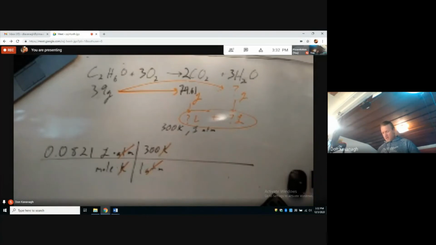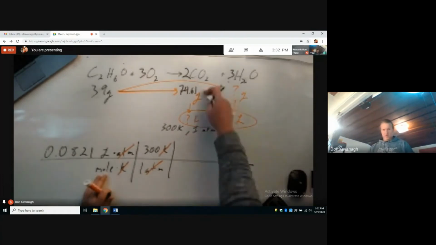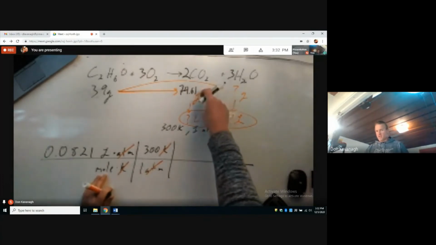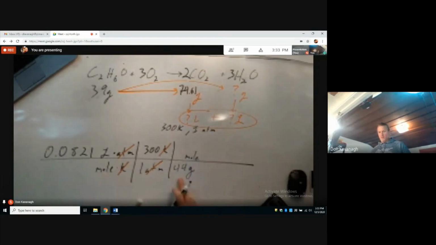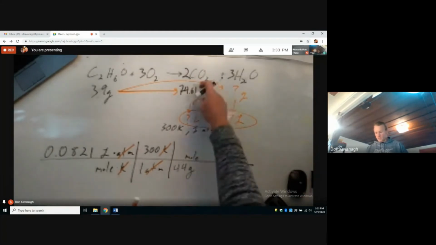Okay. Now I need to cancel out moles. I do have the grams and that chain link unit. The unit that connects grams and moles together is from the periodic table. Because we're trying to find this for CO2, we're going to look up CO2 off the periodic table, 44 grams per mole, 16 plus 16 plus 12.